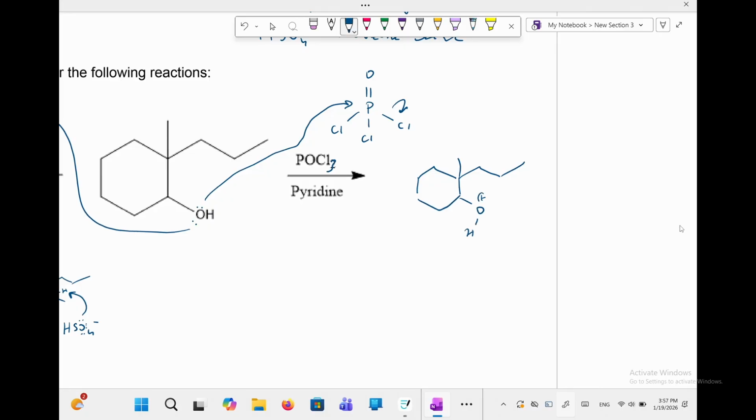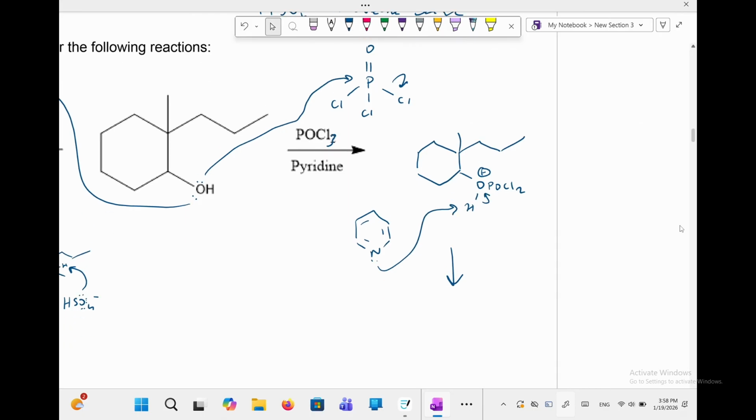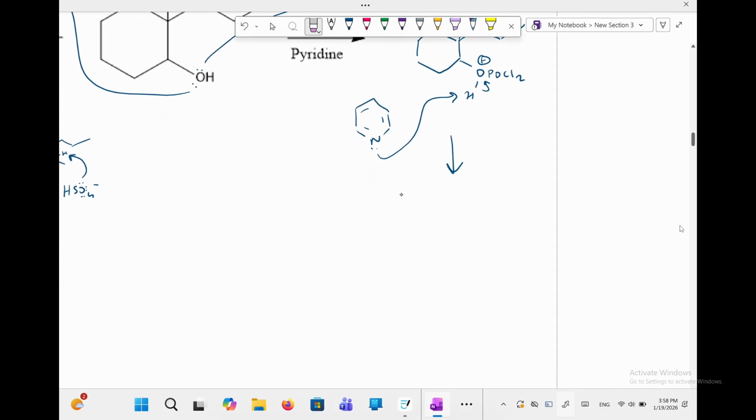giving us OH plus POCl2. Pyridine here is going to act as a base to pluck off the hydrogen and neutralize it. This is pyridine. Okay, and then we get our intermediate here.